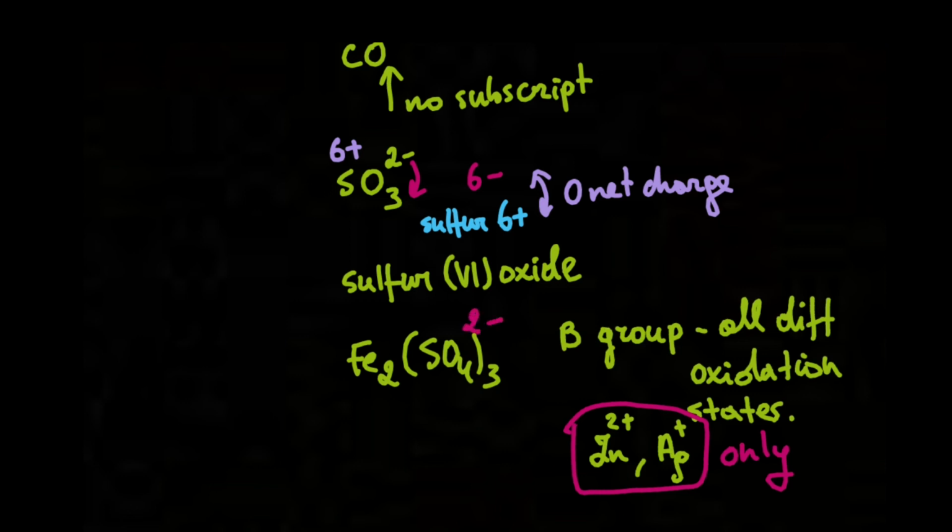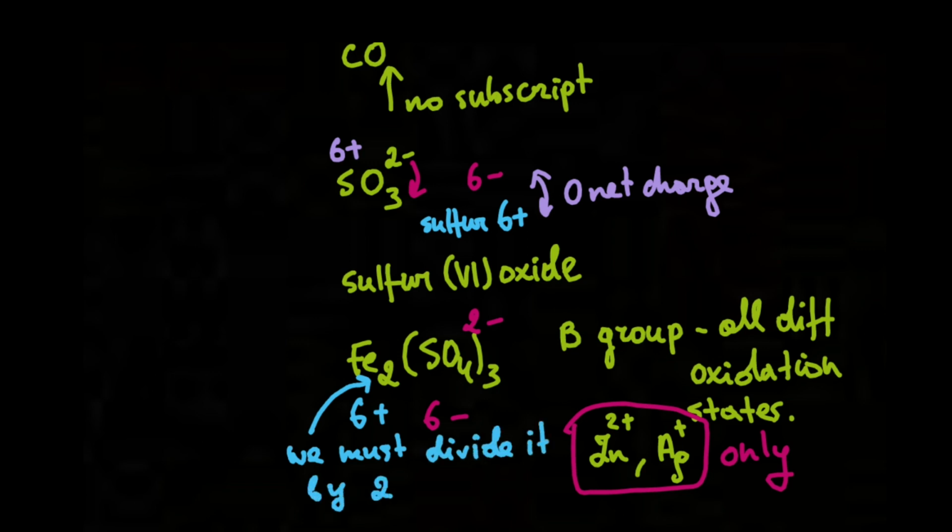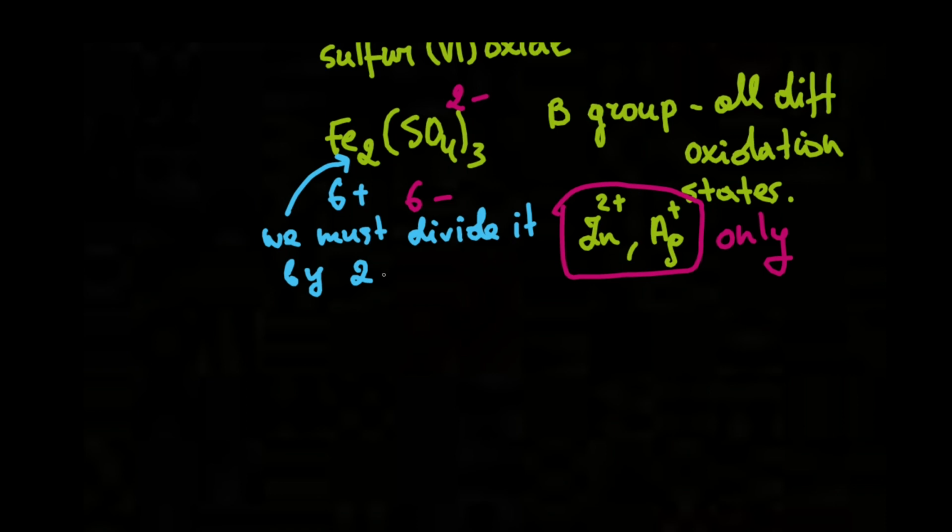We multiply it by 3 and get 6-, which means the iron should be 6+. However, there is the subscript 2 near the iron, which indicates that we need to divide 6+ by 2 and get 3+. And that's the charge of iron in this compound. So the name should be iron 3 sulfate.